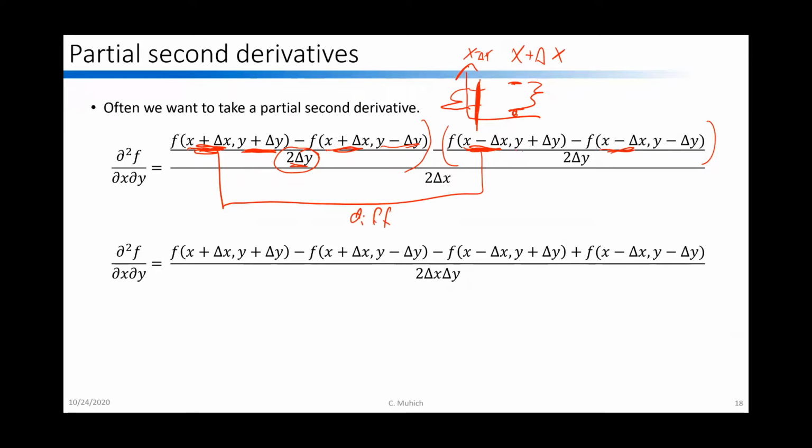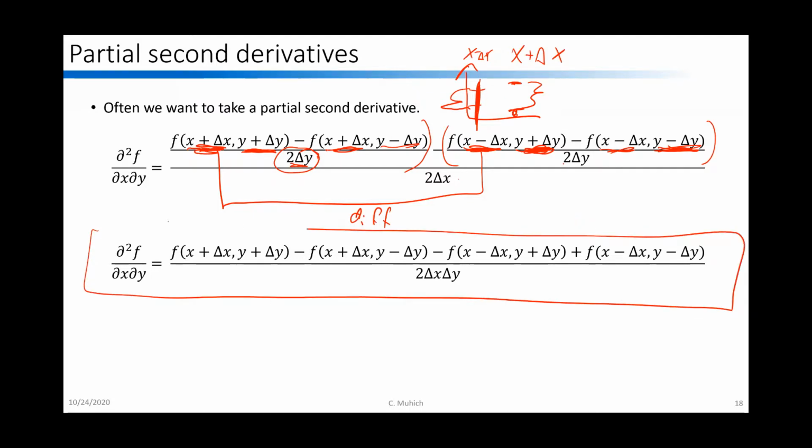And my y's, once again, are going to be the added value and the subtracted value. And so I get to put these down here. Now, I can simplify this, and I come up with this term at the bottom.